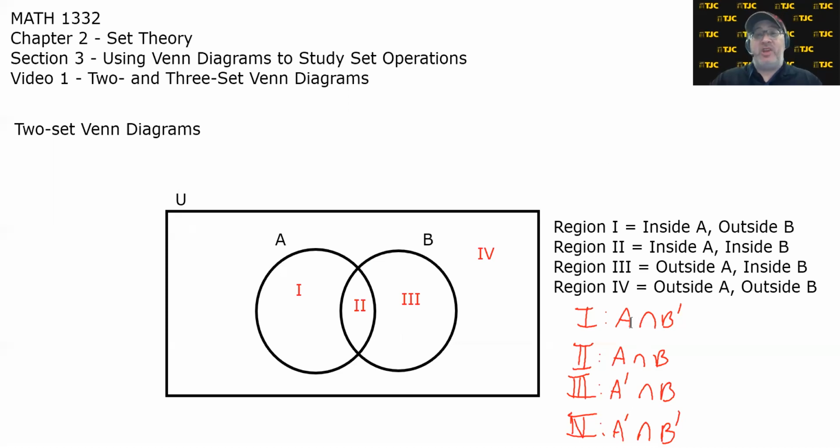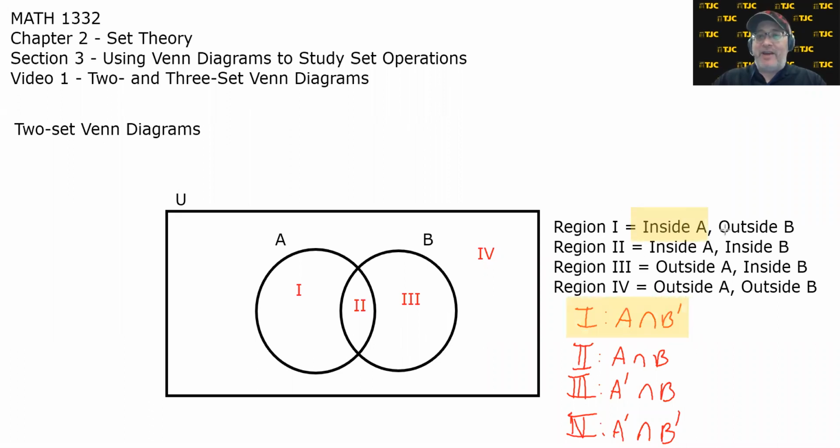Just remember that saying that you're in the intersection of a circle means that you are inside the circle, but saying that you are in the intersection of the circle's complement means that you are outside of the circle. So just as a reminder, like this first one, region 1, A intersect B complement.